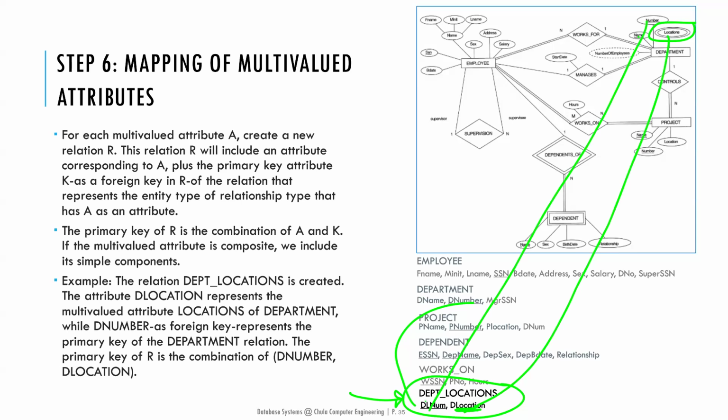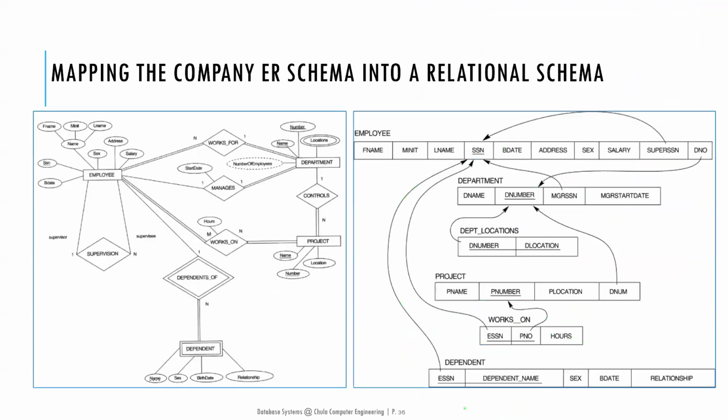And then you link the foreign key DL number to department, because it's the only attribute that appears within the whole thing. So you don't link location to anywhere, right? It's not a foreign key. Okay. Good question. All right.